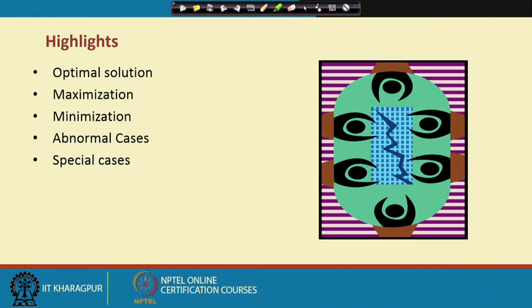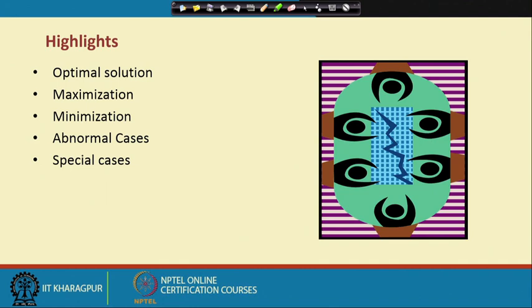But in reality, irrespective of objective function maximization and minimization, with mixture kinds of constraints we may find some abnormal cases and special cases where the objective function and constraints may not give you a unique optimum solution. So, now we like to address these issues in this particular lecture.